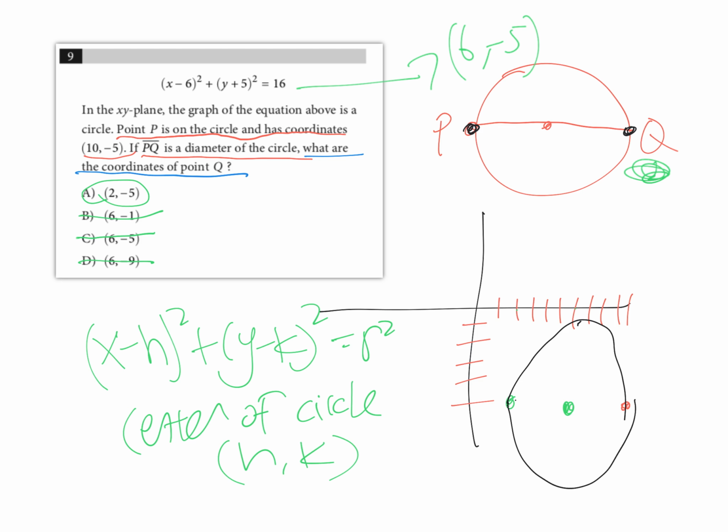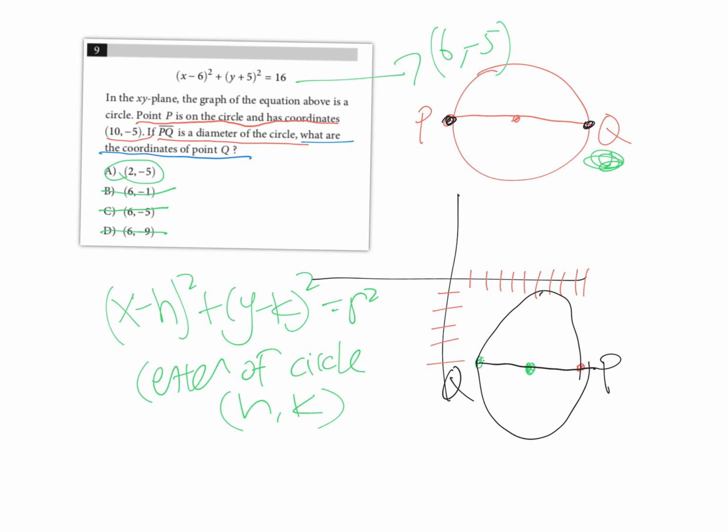But we notice that now, if we draw a line from P to Q, it goes through the center of the circle, and that creates your diameter. Another way to do this problem is by realizing what the r² in the circle equation stands for. It stands for radius squared. Let me zoom out for a second.